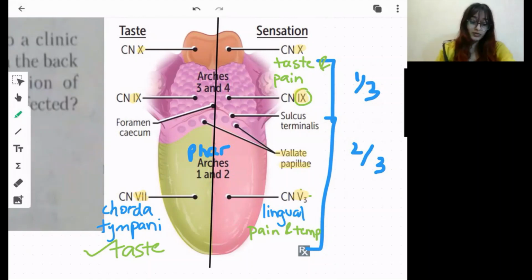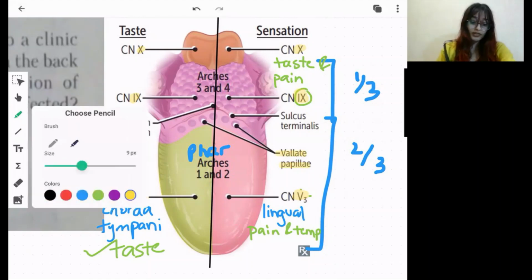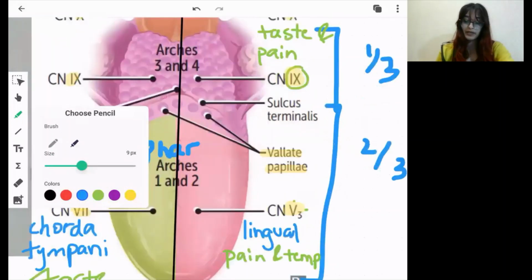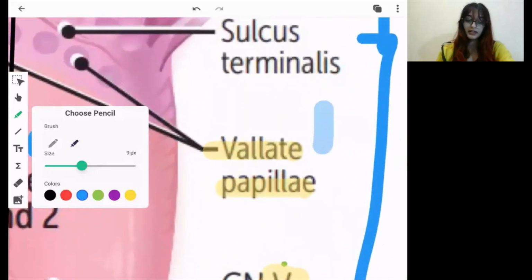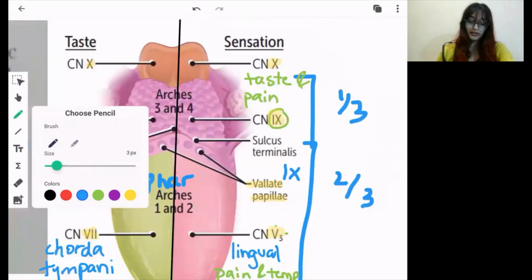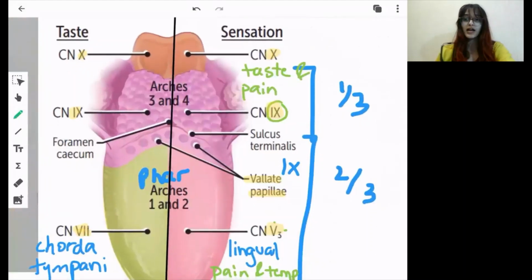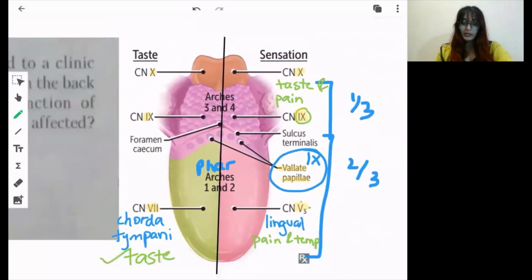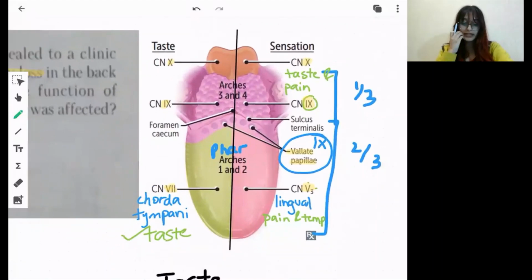So if I ask you what is the nerve supplying the vallate papillae, that will be cranial nerve number 9, because it is a part of the posterior 1/3 of the tongue. This was a question asked in Krok, but I couldn't find the question, but you should remember this as well. Okay, so this was about the taste and other sensations.